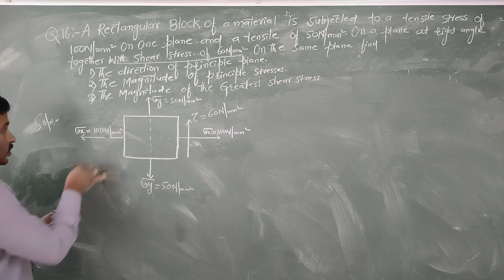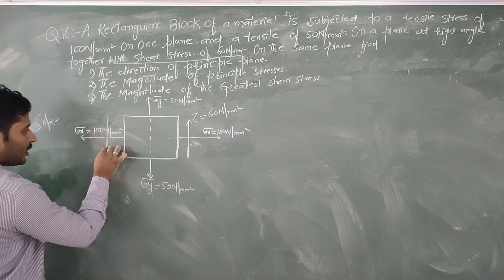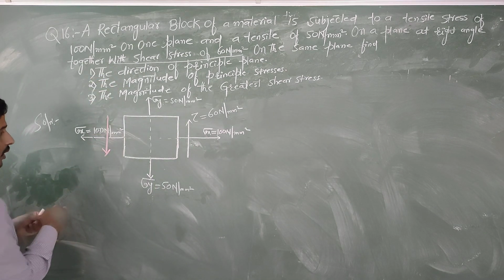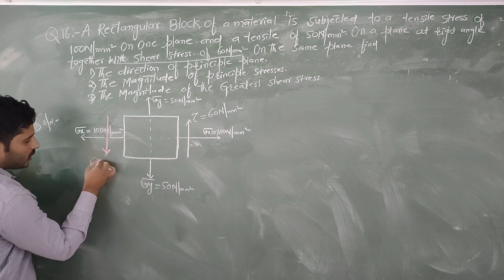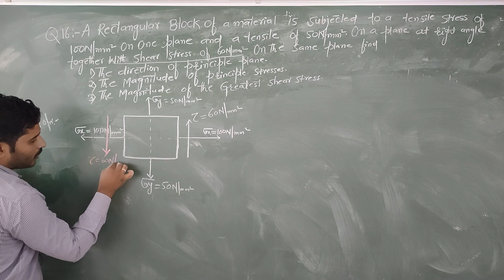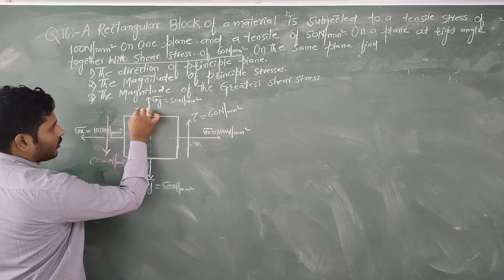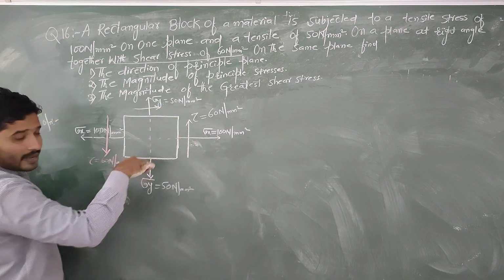Again, downward, same, tau equal to 60 N/mm².